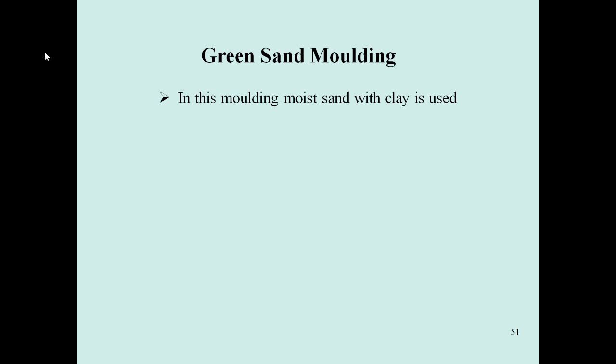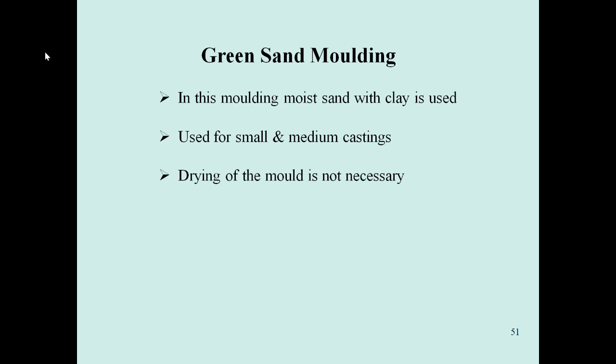So the first one is green sand molding. In this molding, moist sand with clay is used. It is used for small and medium castings.